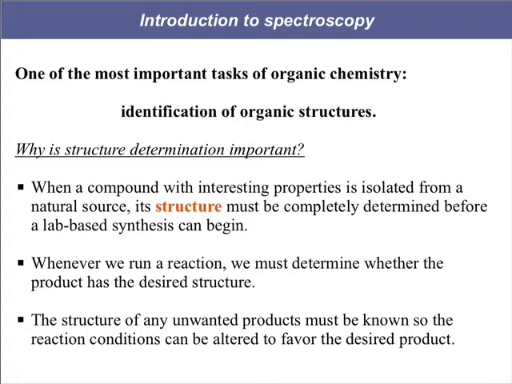So we have to make it in a lab. And before we can make it in a lab, we have to know what the structure is. Also, like I mentioned, when we run a reaction, we want to figure out whether the product has the structure that we want. And we can figure out the structure of any unwanted byproducts so that we can figure out how to separate them or maybe alter reaction conditions to favor the desired product.